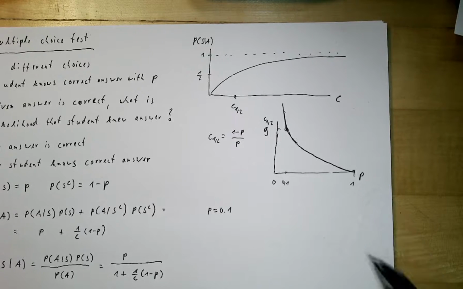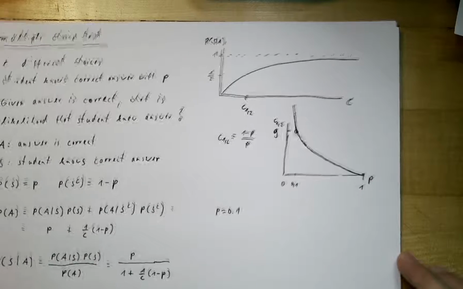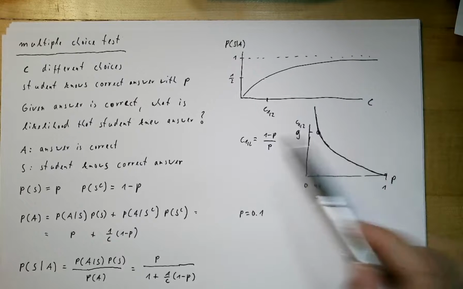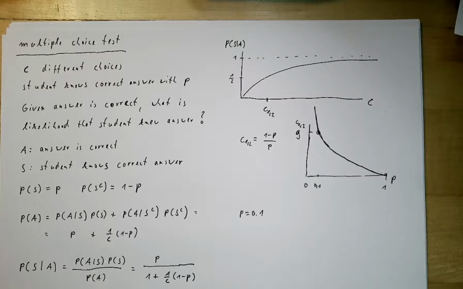And so you see here with the Bayes theorem, we can get some idea how many choices we would have to put in a multiple choice test. That's another nice example of how you can apply the Bayes theorem to calculate conditional probabilities.